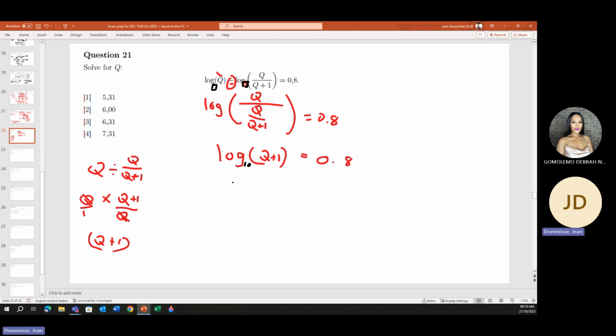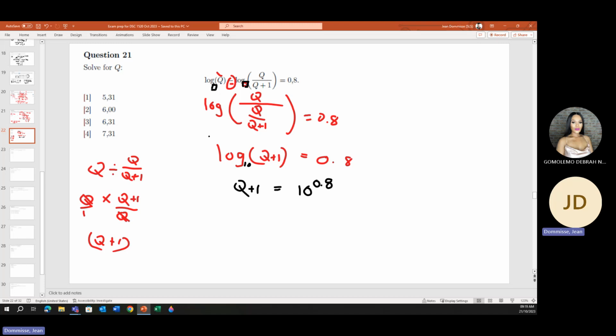Okay, so what we will then do, to get rid of the log on this side, is to power everything. Again, this will be one of your log rules, I think it's log rule 3 or 4.